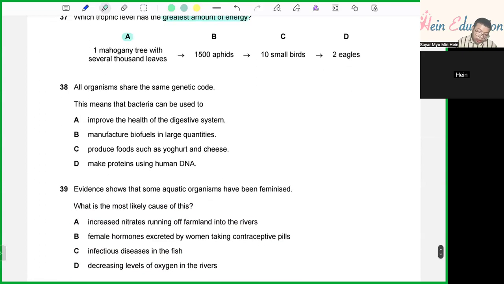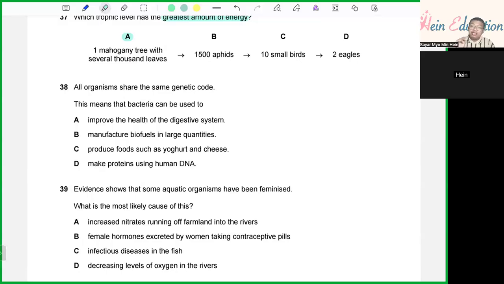Number 38, all organisms share the same genetic code. This means that bacteria can be used to... We use bacteria for genetic modification or genetic engineering. To improve the health of the digestive system? Not really. Manufacture biofuel? No. Produce food such as yogurt and cheese?